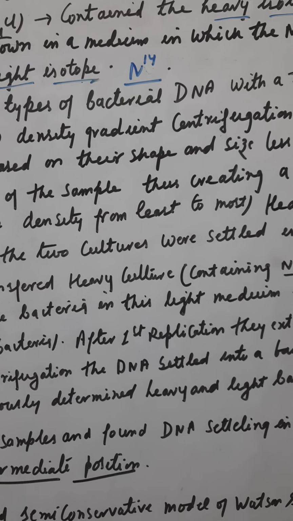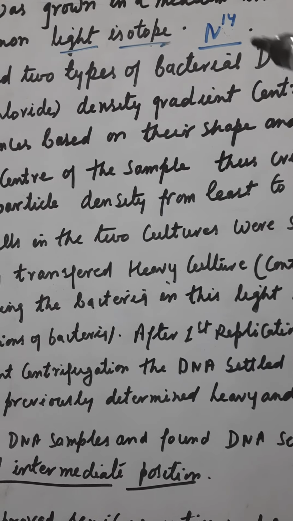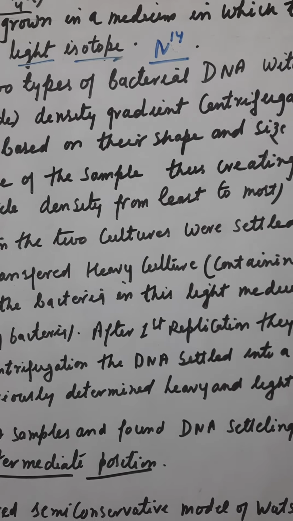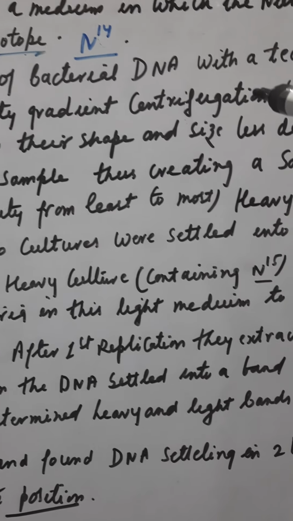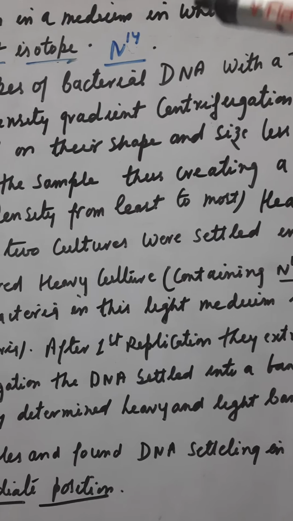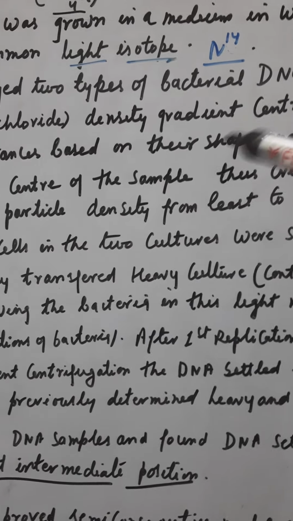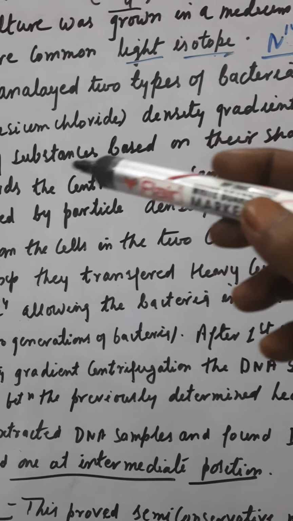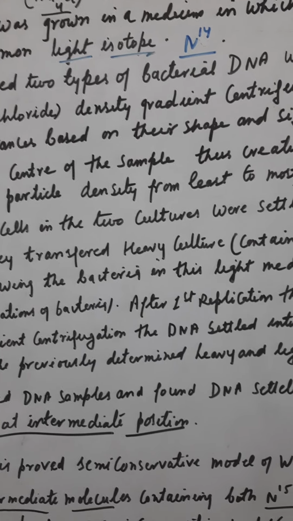So here I have written it in brackets in order to make you understand what this technique is. You would have understood that this centrifugation technique is based on the density gradient. This is the process of separation of substances based on their shape and size.